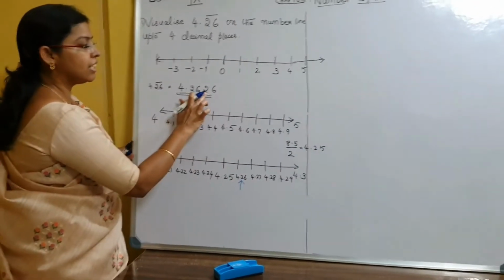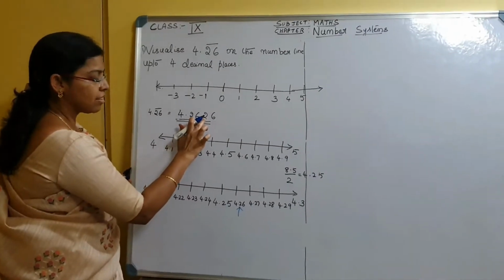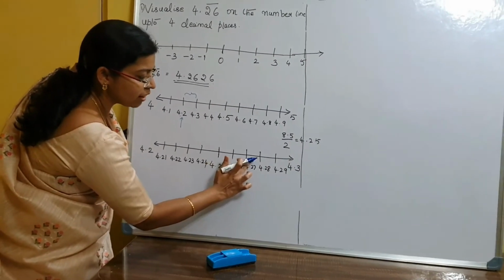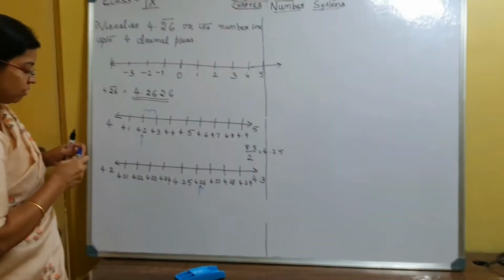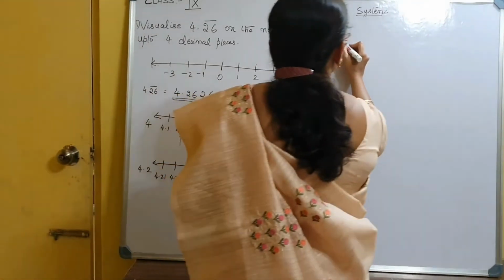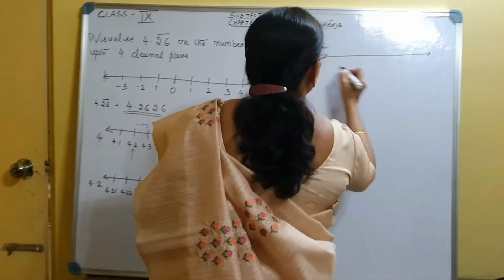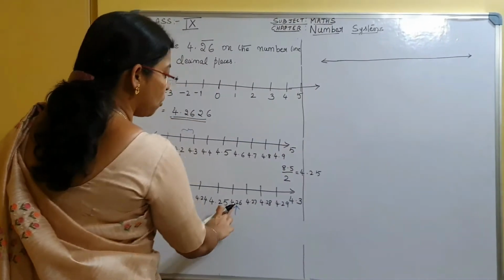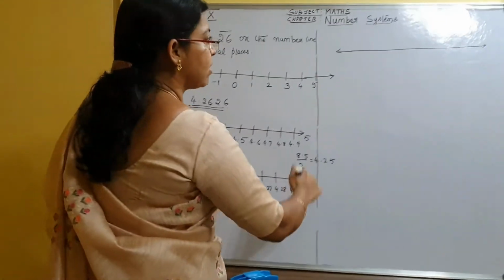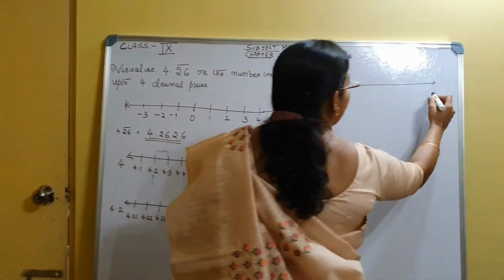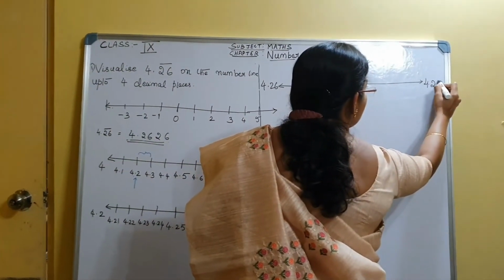We will go to the third digit, 4.262. So 4.262 should be between 4.26 and 4.27. Our next number line will have the limits 4.26 and 4.27.